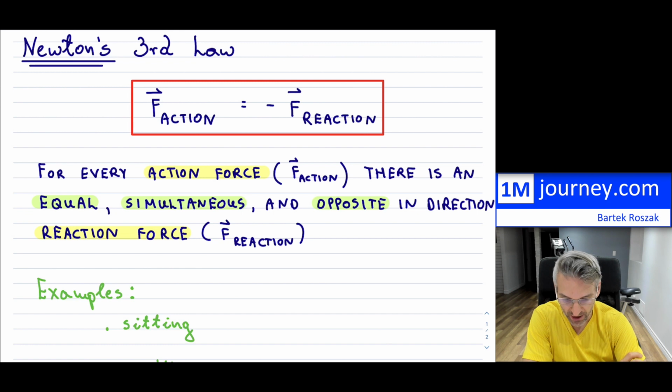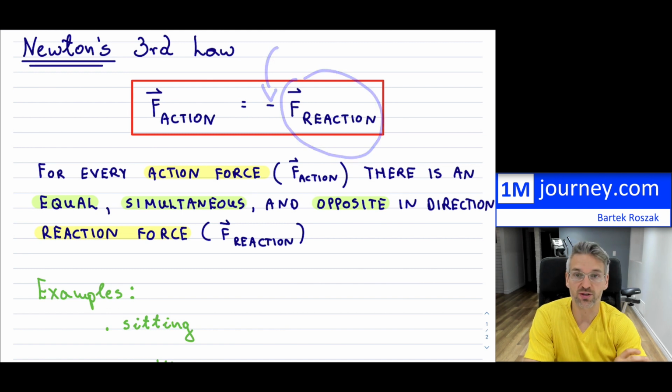Because a force is a vector, there is a direction, and we're going to assume that the positive direction is in the direction of the action. Therefore you have an equal and simultaneous force of reaction in the opposite direction. So that's the negative. The negative simply means it's in the opposite direction.